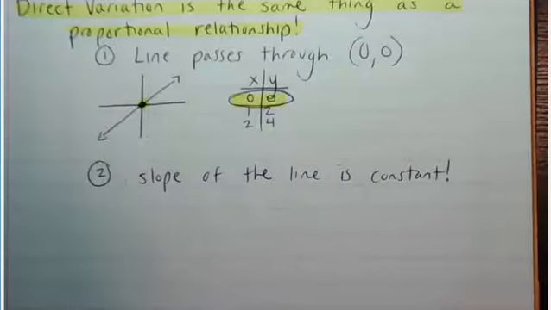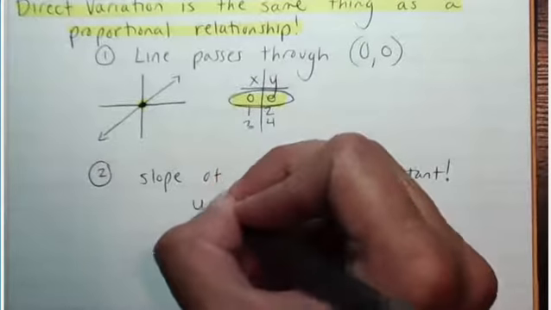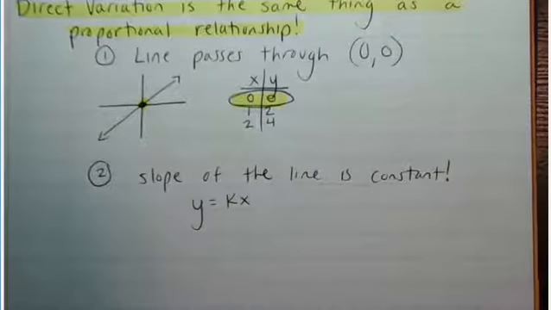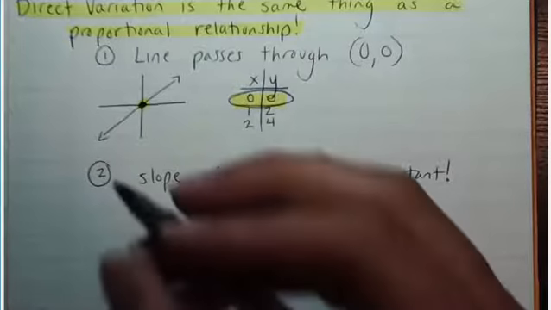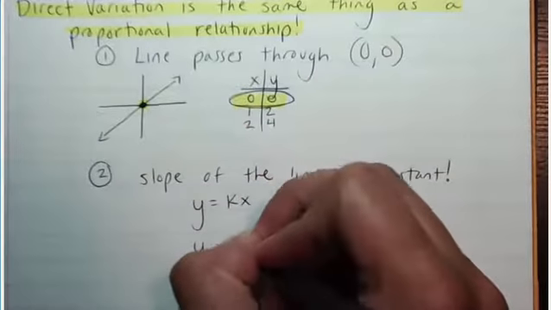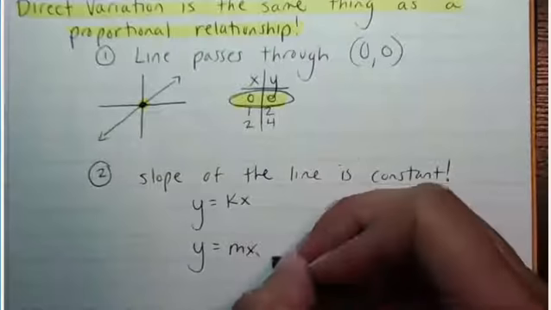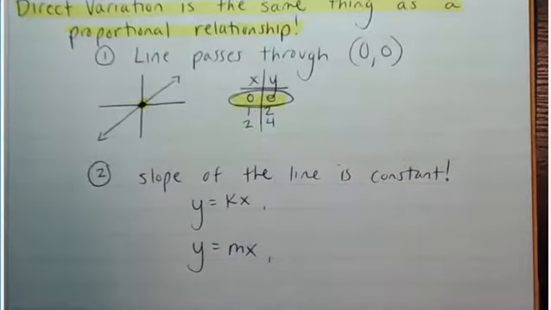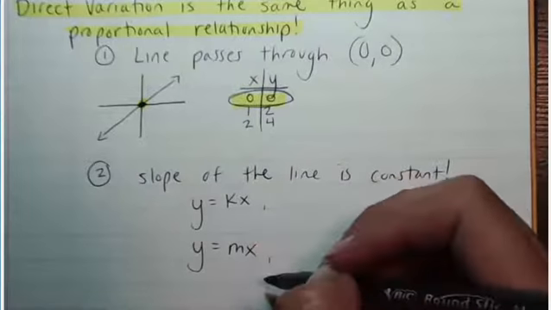Now the formula that they use for direct variation is y is equal to kx. Now what does that remind you of? It should remind you of y equals mx. Okay, now these both mean it's proportional or direct variation, which means it goes through the origin.